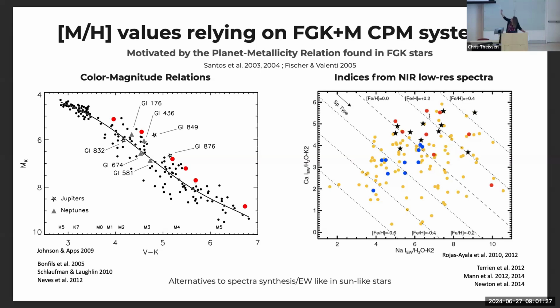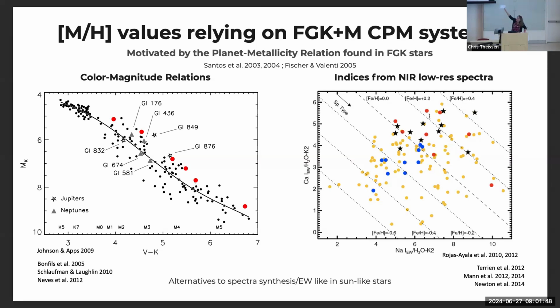And what you have on this side is the work that I did for my dissertation, which was using near-infrared spectra. At the time it was mid-resolution, now it's low resolution. Yes, that's another thing, right? We have now high-resolution near-infrared spectrographs that work pretty well.